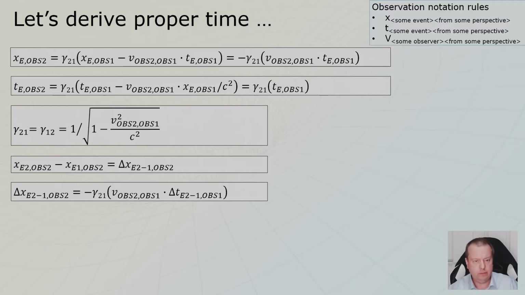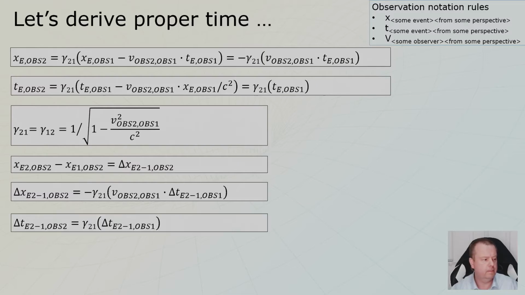If you do this using the equations on top of it, you will get minus gamma, the Lorentz factor, times the velocity of observer 2 through the eyes of observer 1, multiplied by delta t, the delta t between the two events through the eyes of observer 1. So this equation is easy.